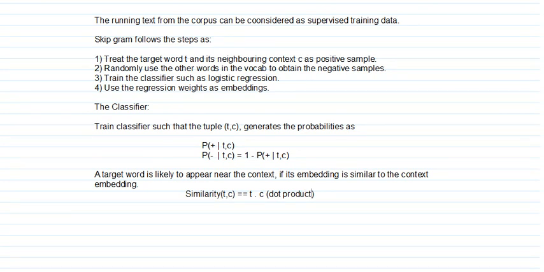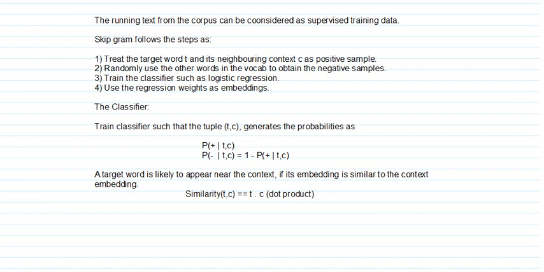So the probability of positive given the dot product of t and c, or we may write it as the probability of positive given some kind of similarity score. We need to bound this probability between 0 and 1, right?